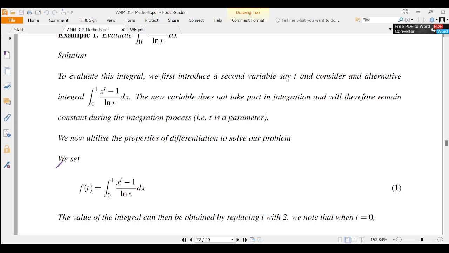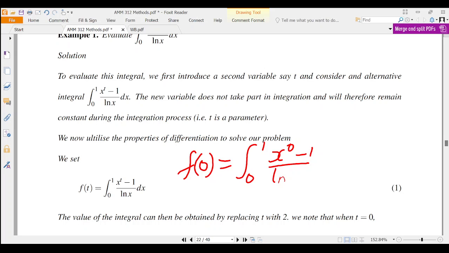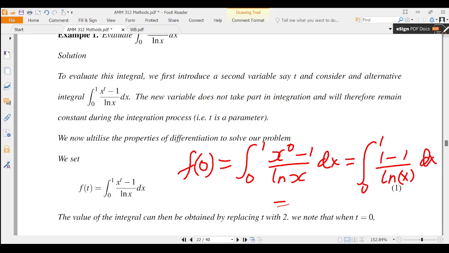So if we put t as 0, suppose we want to evaluate f of 0, then we shall get the integral from 0 to 1, (x raised to power 0 minus 1) divided by logarithm of x dx. Now, any number raised to power 0 is 1, so the numerator becomes 1 minus 1. The denominator is logarithm of x, and therefore we get the integral from 0 to 1 of 0.